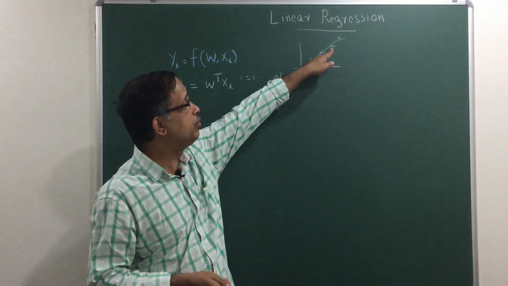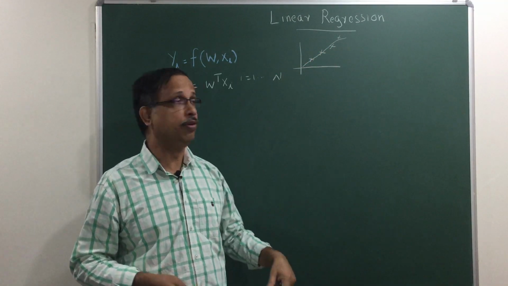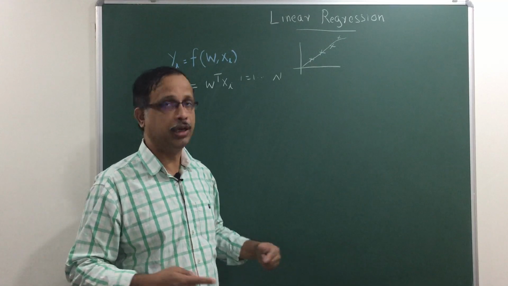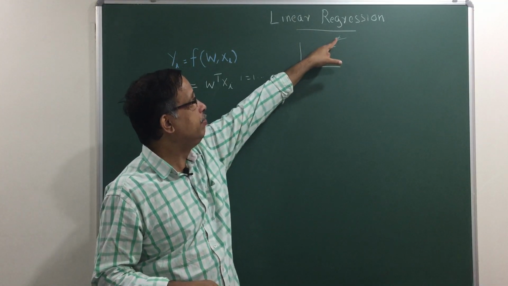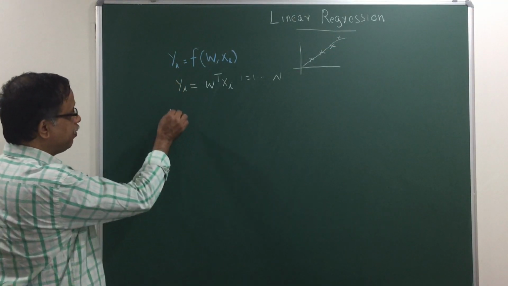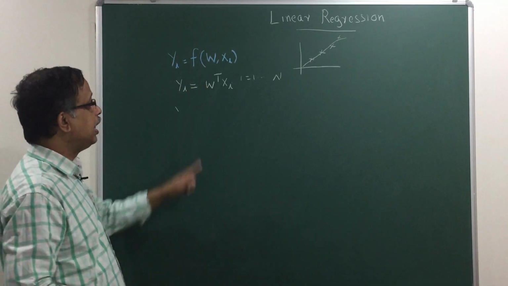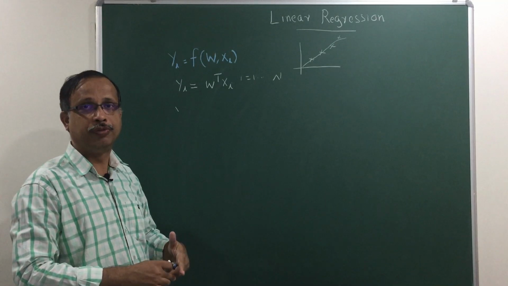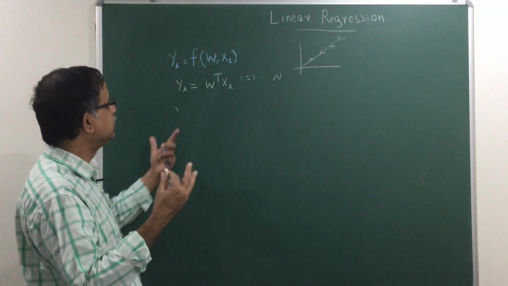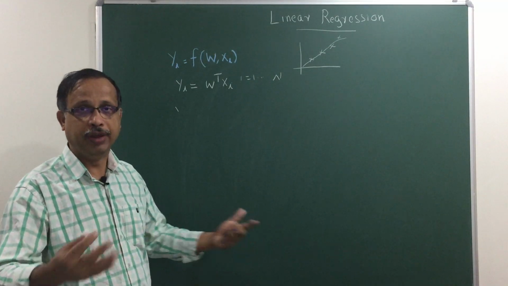Remember, not all points will be on the line. There will be error in fitting, and our problem will be finding a w that suits most of these points, or that suits this set in the best possible way.